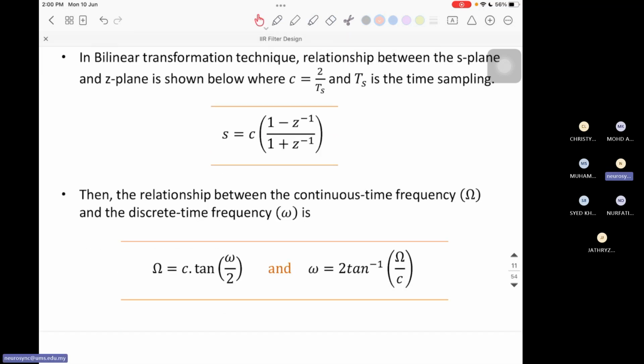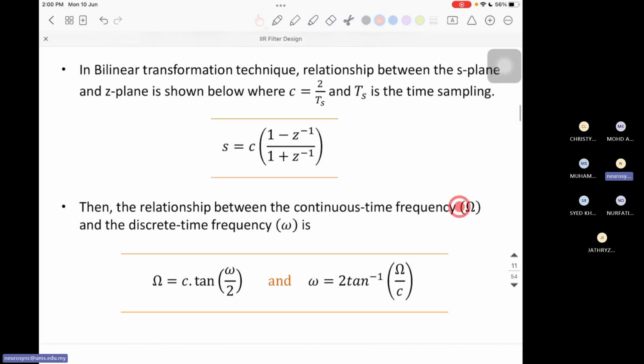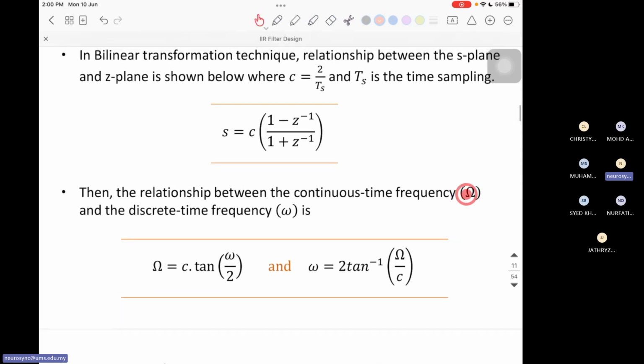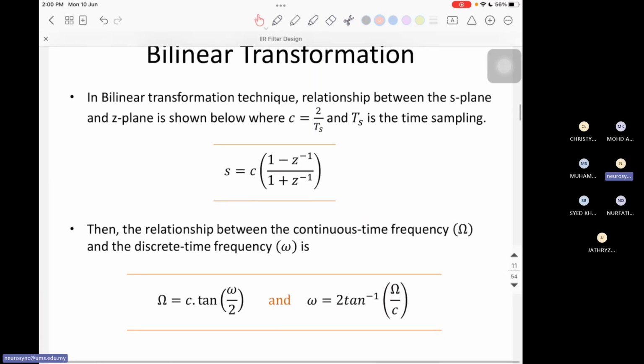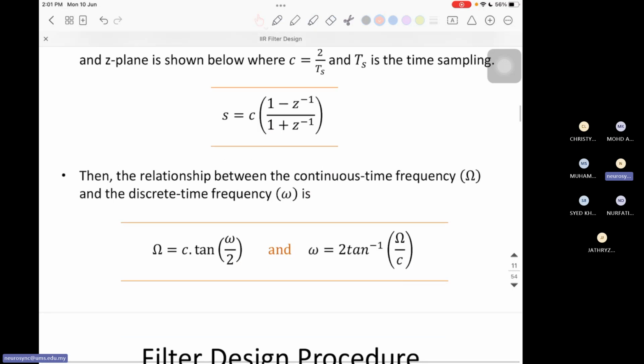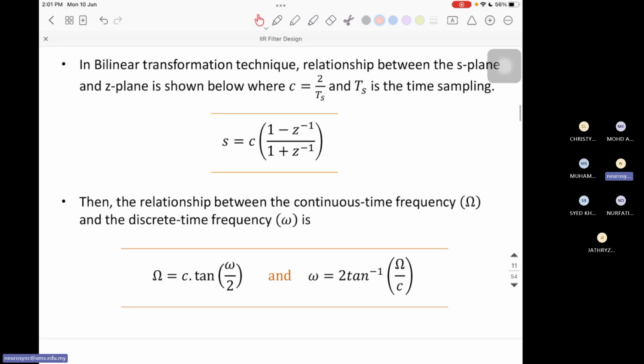The continuous time frequency is represented with the capital omega, and the discrete time frequency is with the small omega. Now the relation between the continuous time and the discrete time frequencies is like this.